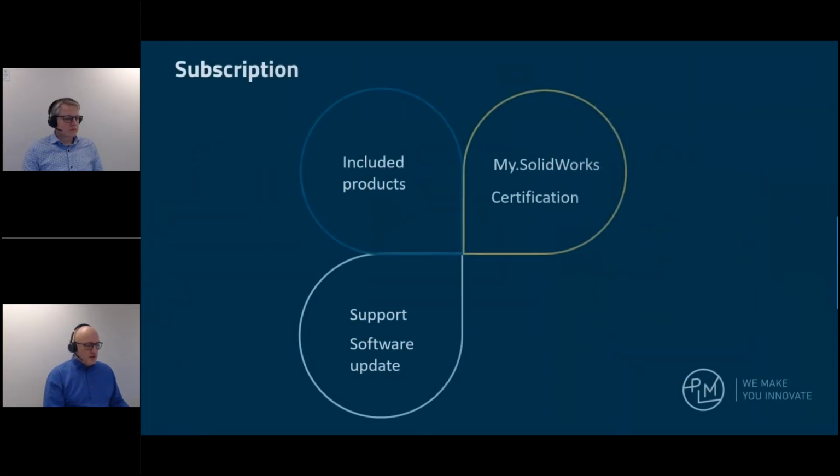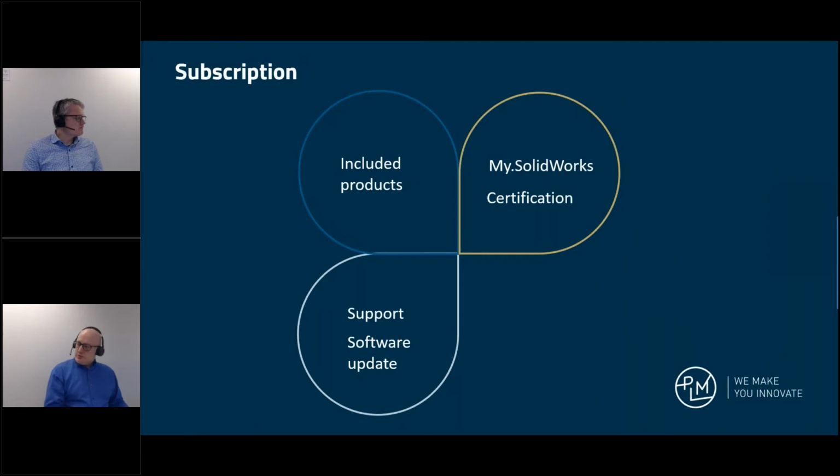We are going to look a little bit at subscription, Thomas. Why should we have a subscription? The obvious reason is that you might need the possibility to upgrade SolidWorks from time to time. You will have access to all the service packs, the fixes for SolidWorks, and you also have the new versions, the yearly new version, which was released now on Monday.